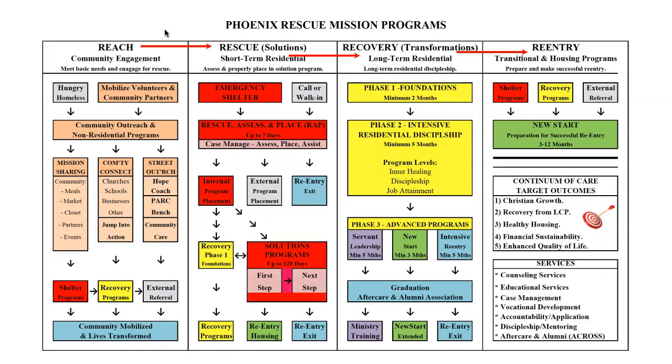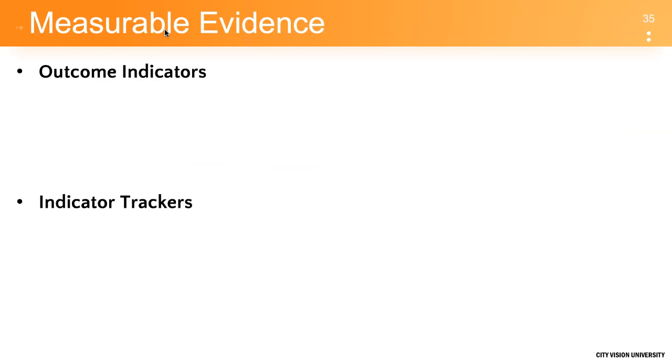Another element to look at is the measurable evidence, and that's one of your outcomes for this lesson. When we talk about measurable evidence, primarily we're talking outcome indicators. And the indicator trackers are the means by which you track the outcome indicators.